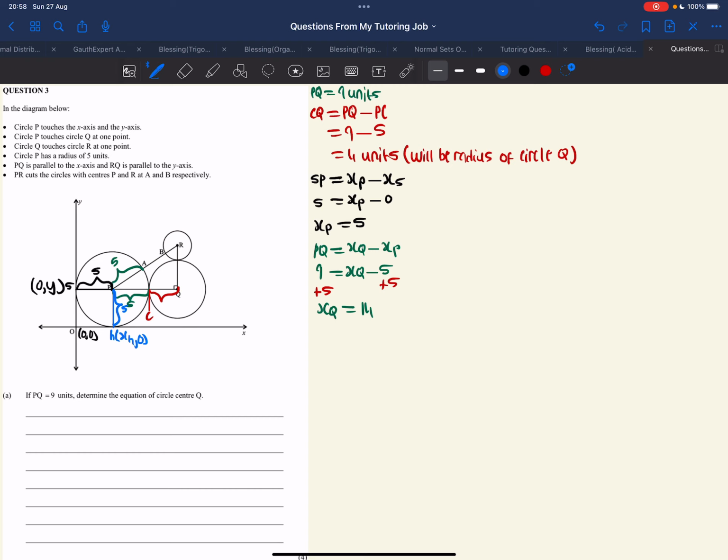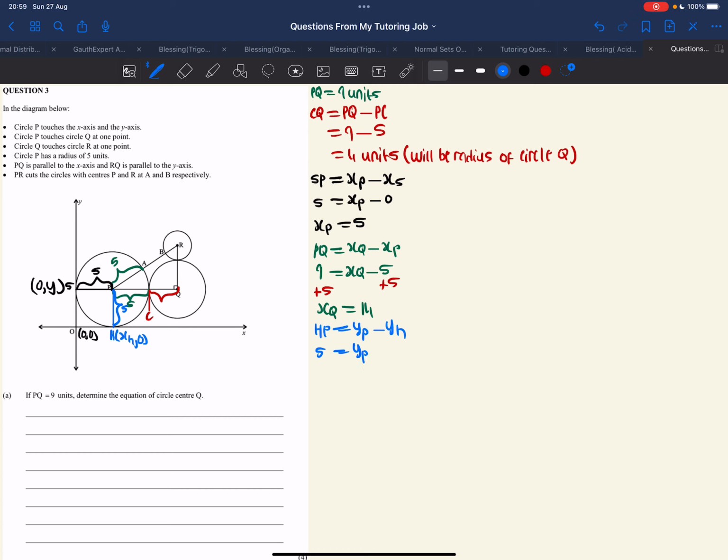To calculate the length of HP, we are not going to use a distance formula. We are going to say that HP is YP minus YH. Remember HP we know is going to be 5, and YP we don't know.